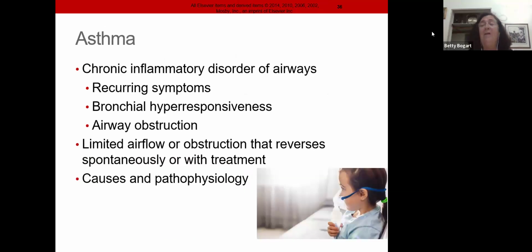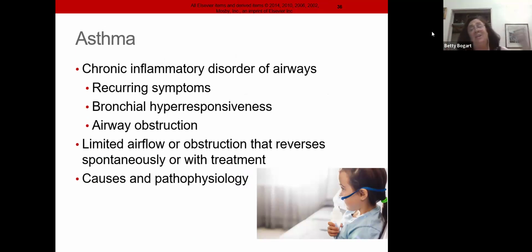Asthma, very, very common childhood illness. This is a lower airway, and air can go into the lungs, and it gets trapped, and you can't get it out. So this is expiratory wheezing.